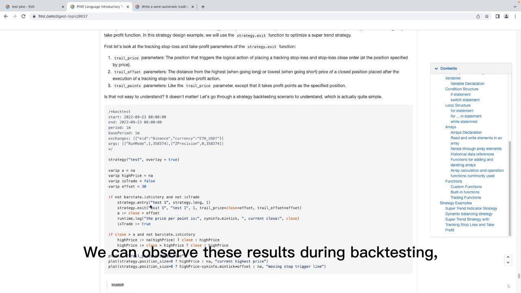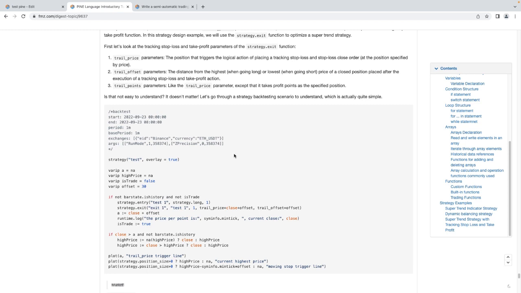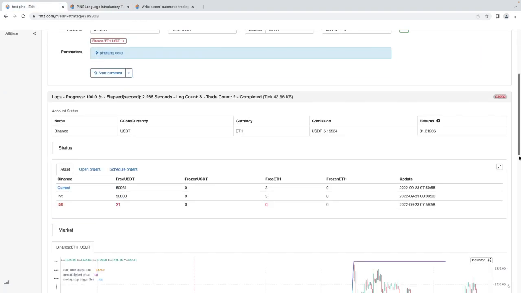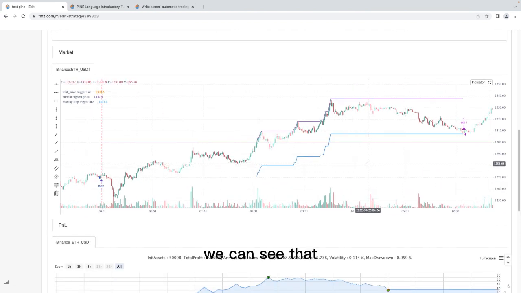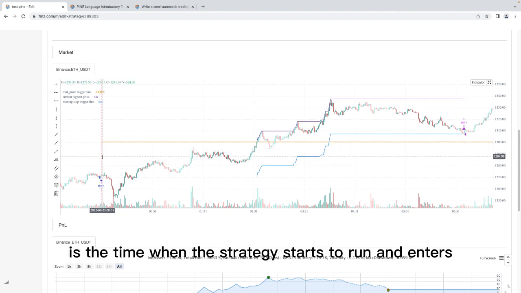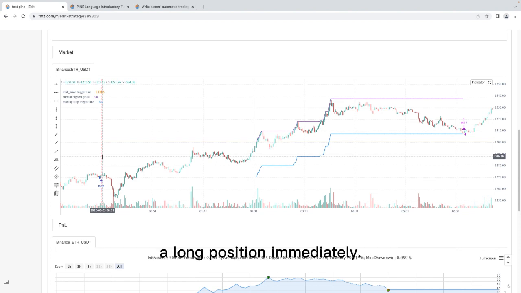We can observe these results during backtesting. We can see that when backtesting starts, this red dotted line is the time when the strategy starts to run and enters a long position immediately.